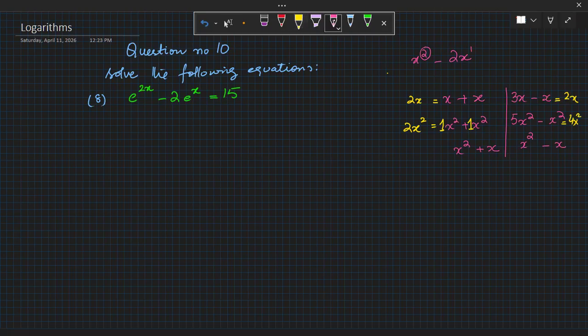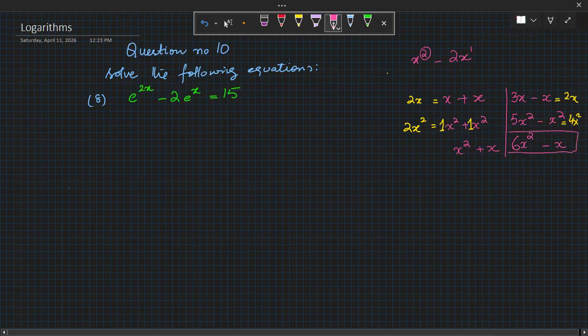Similarly, if this is 6x square, you cannot subtract it, so you can't do anything. You will just leave it as 6x square minus x.